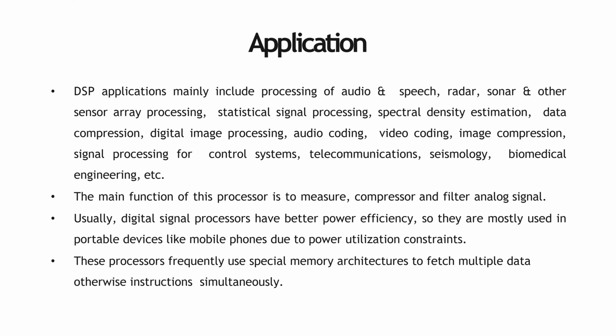Usually, digital processors have better power efficiency, so they are mostly used in portable devices like mobile phones due to power utilization constraints. These processors frequently use special memory architecture to fetch data or instructions simultaneously. The major fields of DSP applications are control systems, telecommunications, biomedical engineering, and AV processing, that is audio video processing.